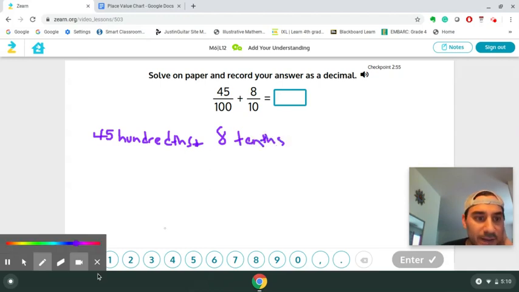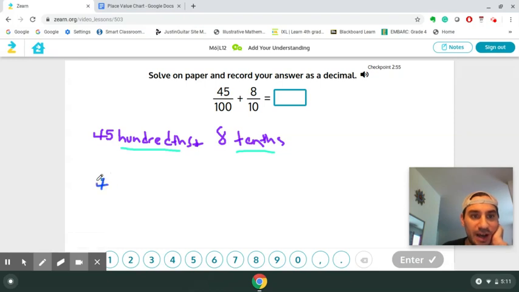I can't add these together because the units are different. All right. I need 45 hundredths plus hundredths for my second value.